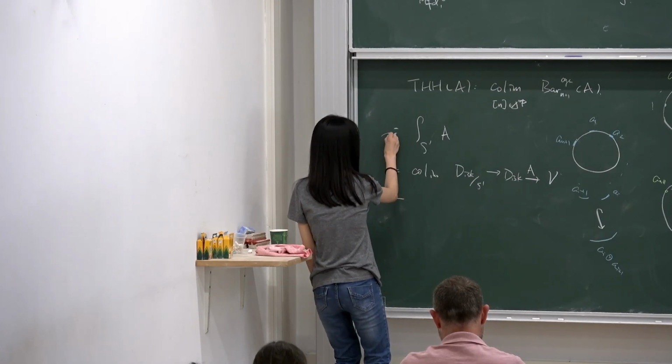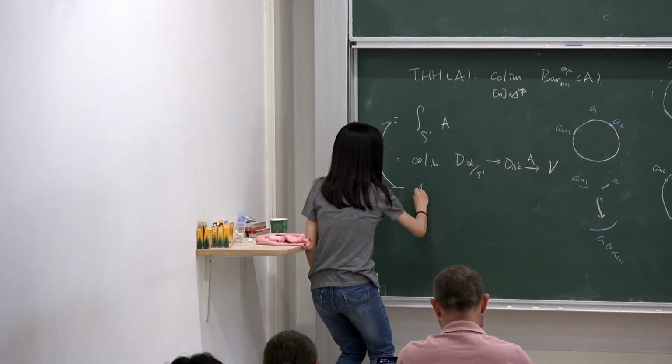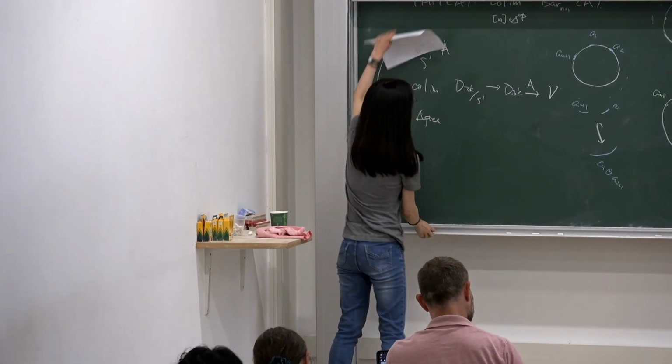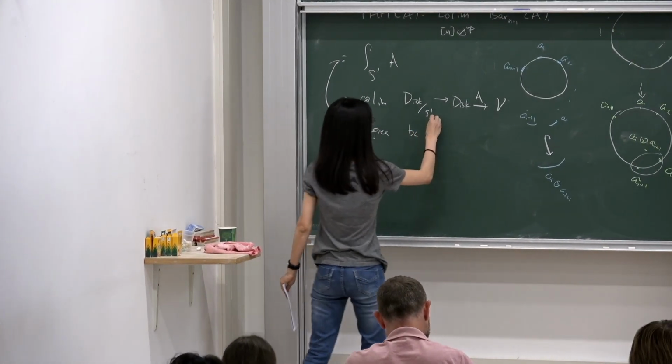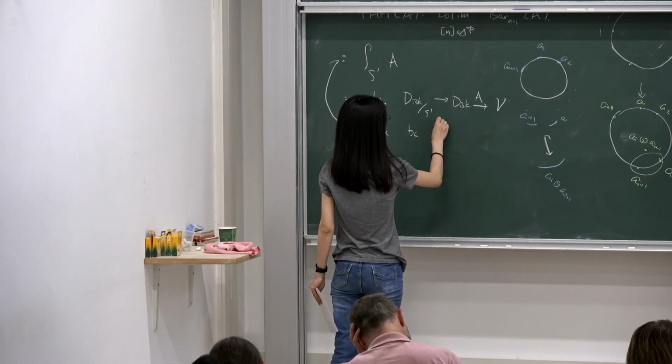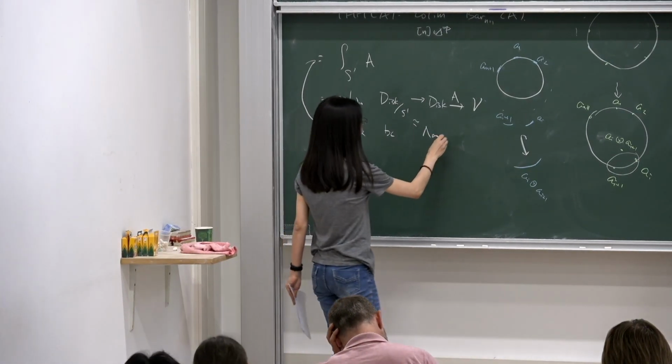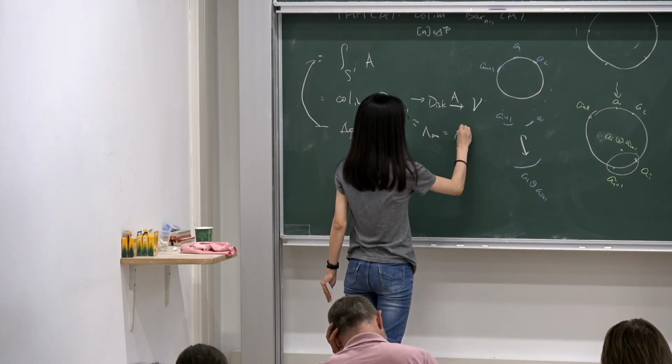The fact that these two definitions agree is really using the fact that disk over S1 is equivalent to the one category, which is the paracyclic category. And the paracyclic category is self-dual.